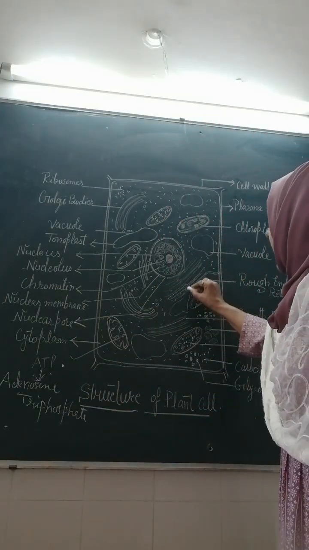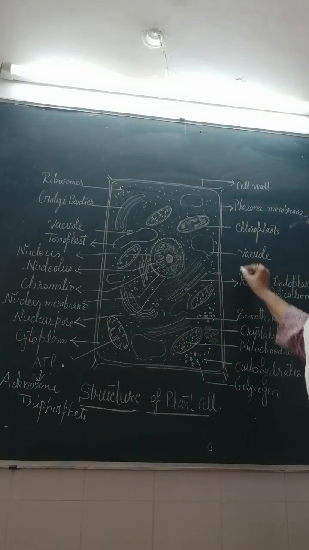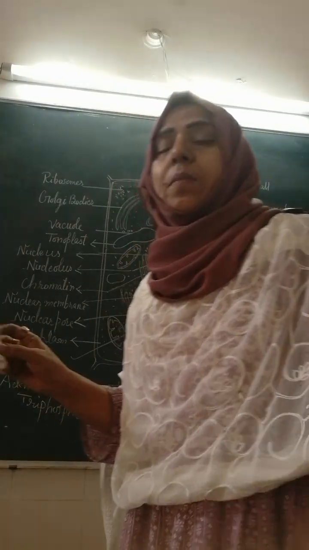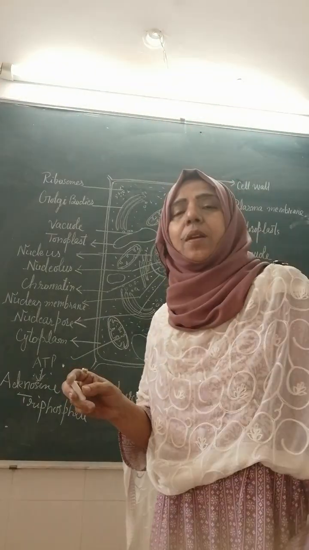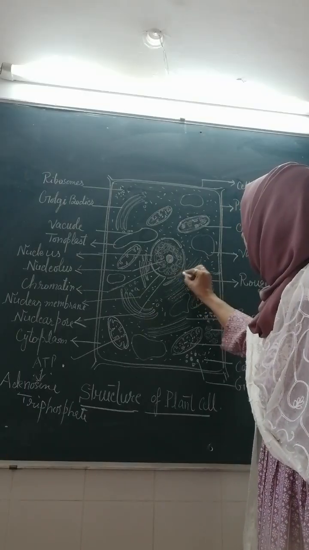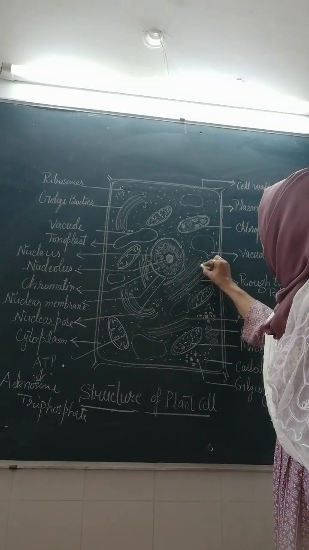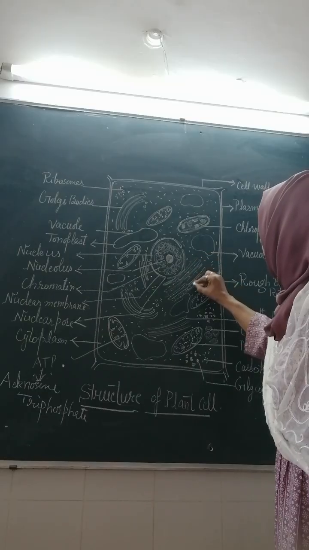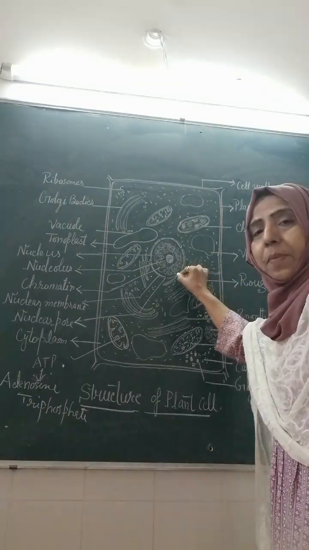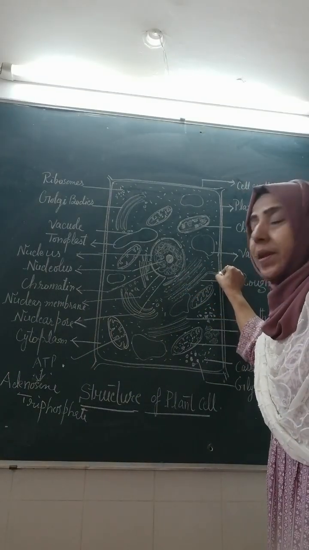And there is another cell organelle which is called endoplasmic reticulum. What do we call it? Endoplasmic reticulum. There are two types of endoplasmic reticulum. Outside this nuclear membrane, there are tubular structures, attached on one side to the membrane of the nucleus, and on the other side attached to the plasma membrane.